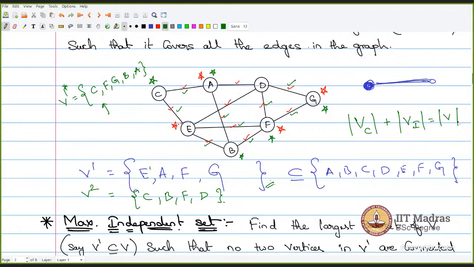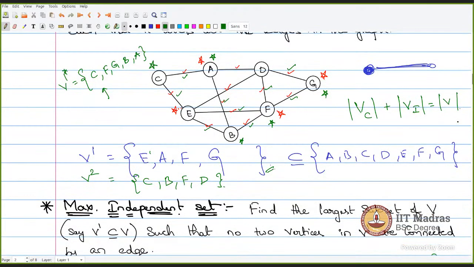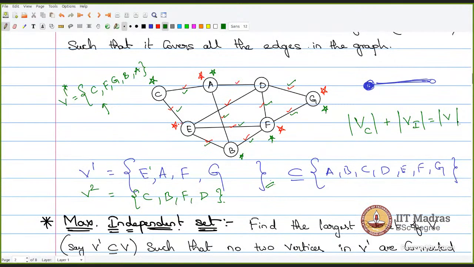Once you have the minimum vertex cover set, the complement of it will be the maximum independent set. What is VC? VC is just the vertex cover set, here denoted as V minimum prime.